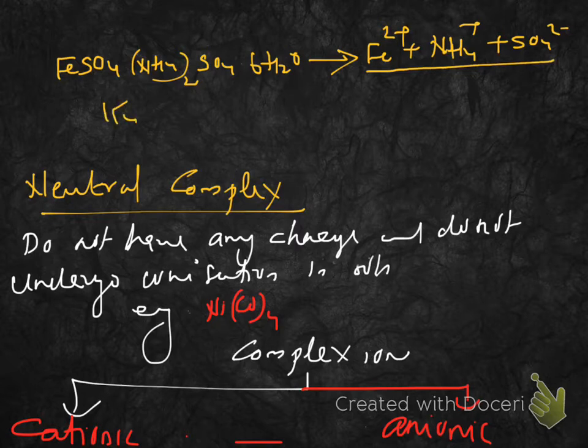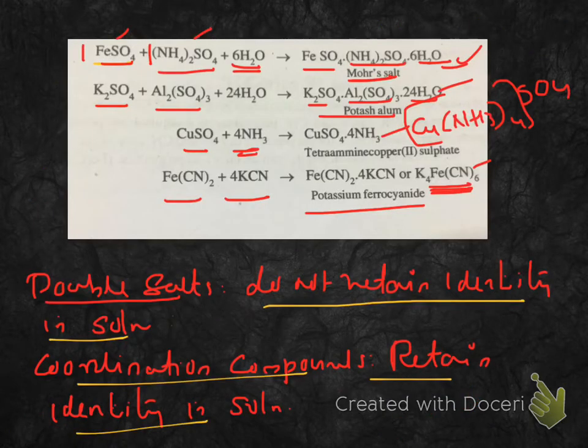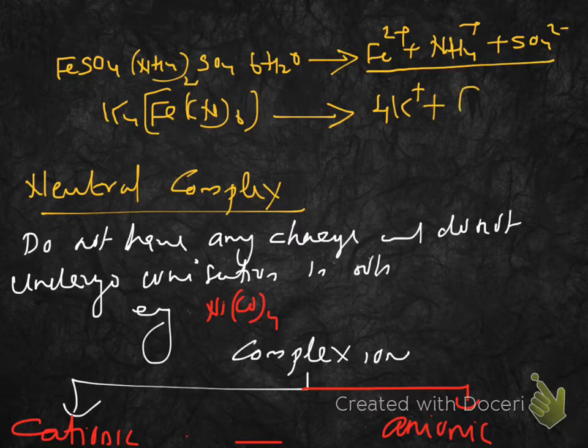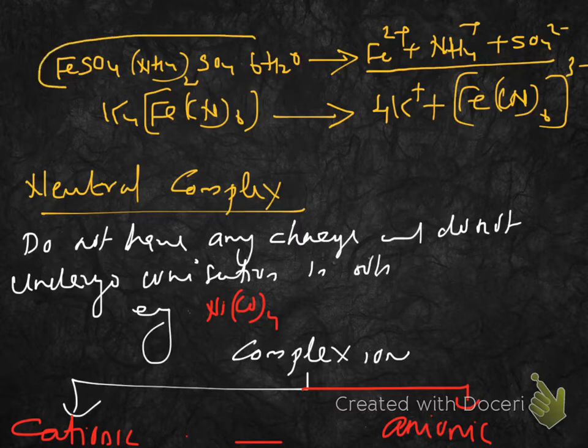At the same time, a compound like K4[Fe(CN)6], when dissolved in water, forms 4K+ and [Fe(CN)6]4-. So this kind of compound, double salts, undergoes complete dissociation in aqueous solution.